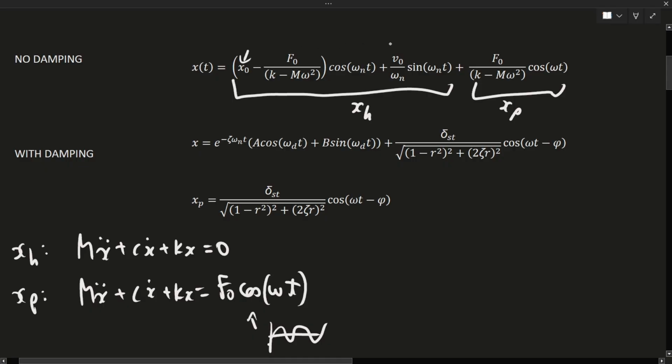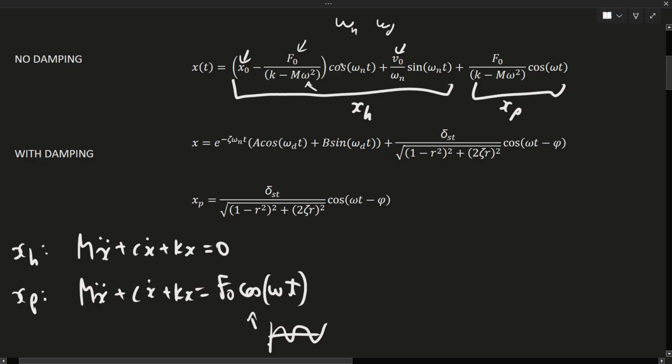This is the initial displacement. V0 is your initial velocity. If the problem does not specify initial conditions, you could just assume these are 0, and these two parts over here go away. F0 is the amplitude of the force, K is the stiffness of your spring, M is the mass. This omega over here is not omega n nor omega d.